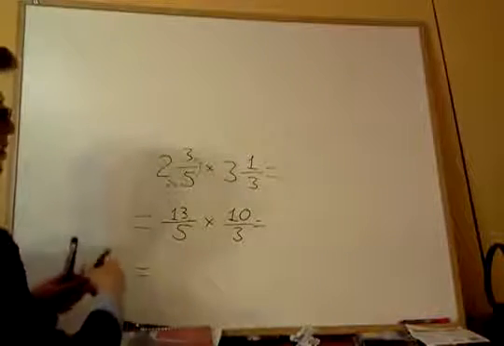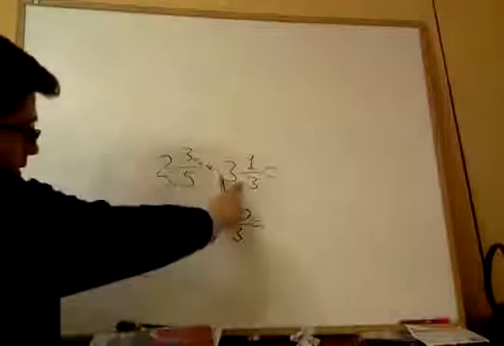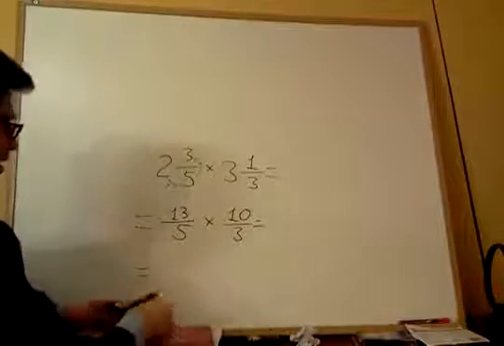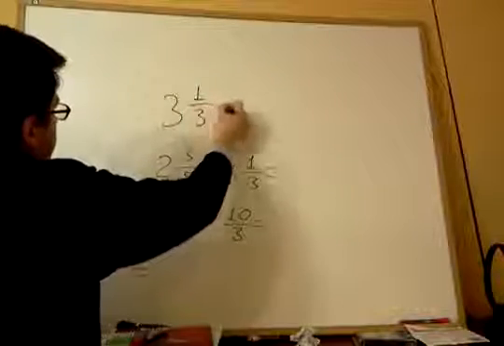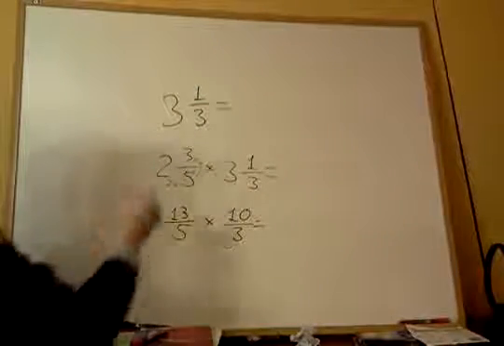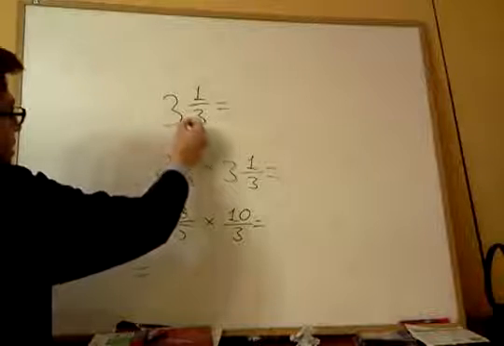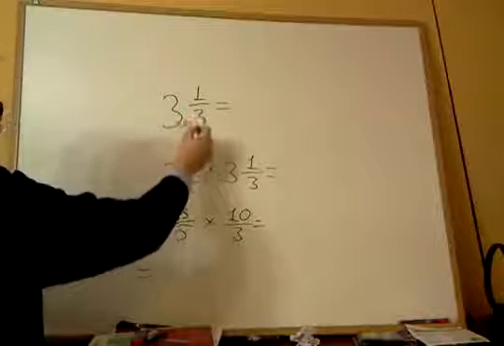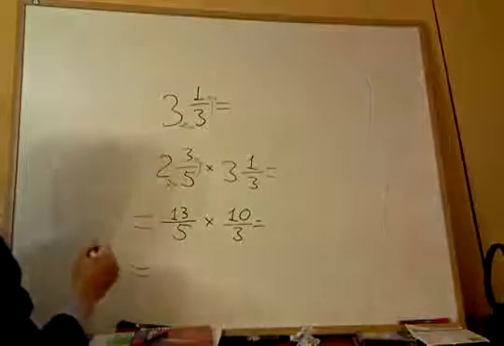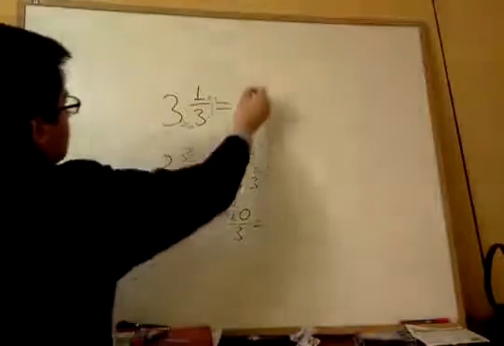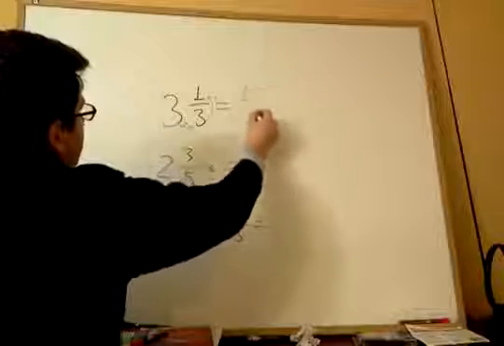Again, that's how I convert from a mixed number into an improper fraction. Let's suppose I have 3 and 1 third. First I do 3 times 3 is 9, and then 9 plus 1 is 10. So it will be 10 out of 3.